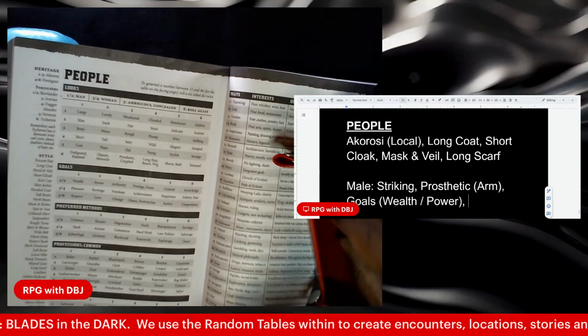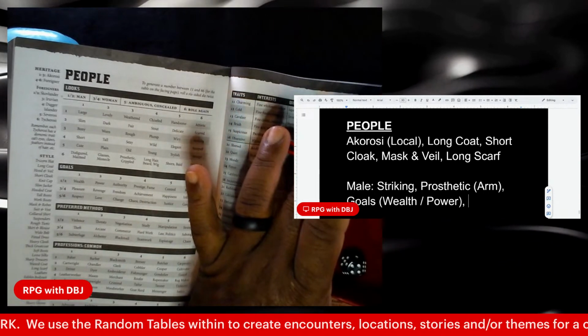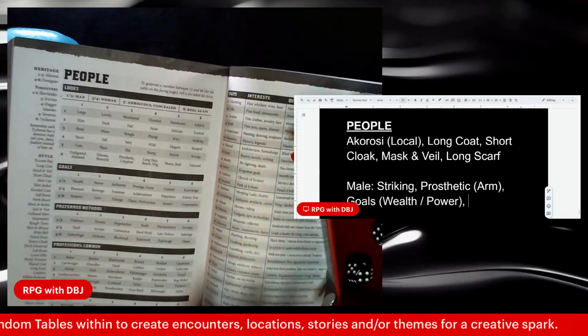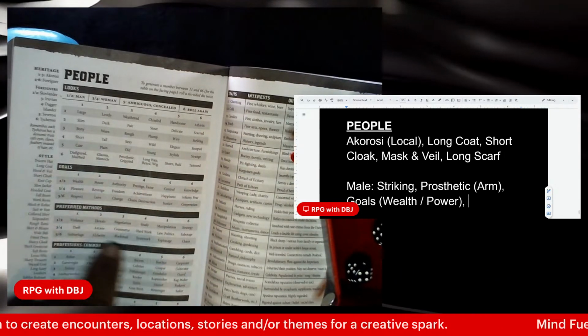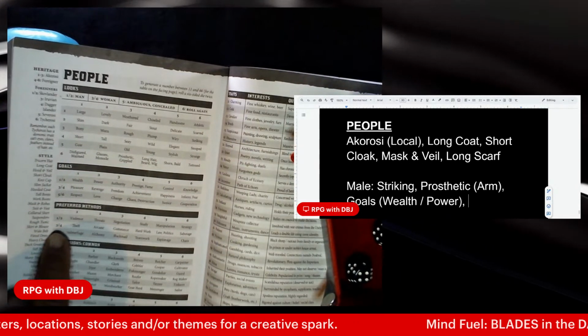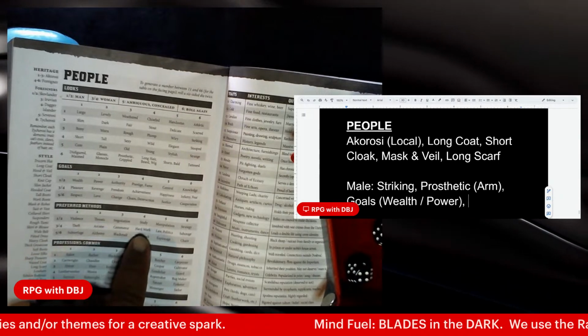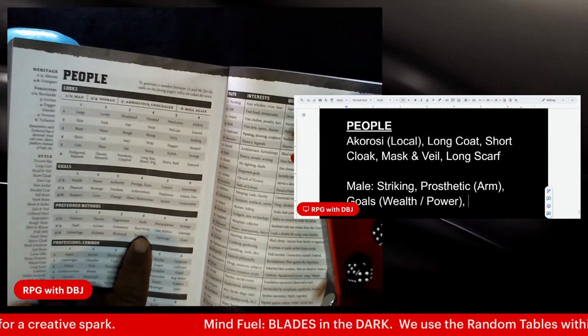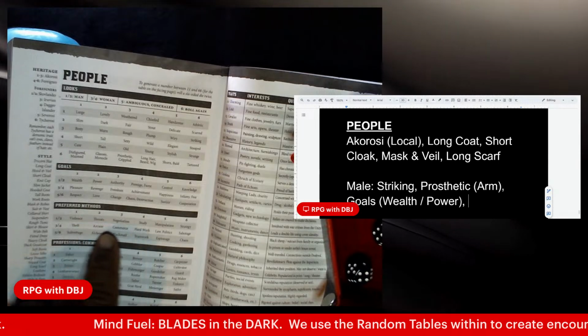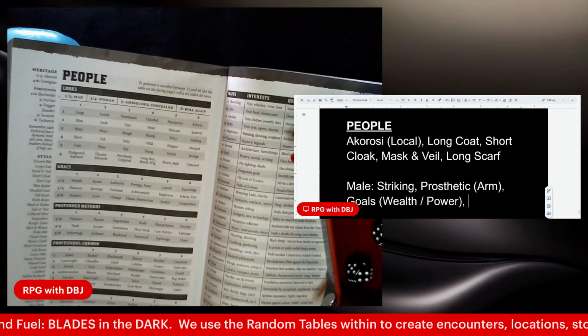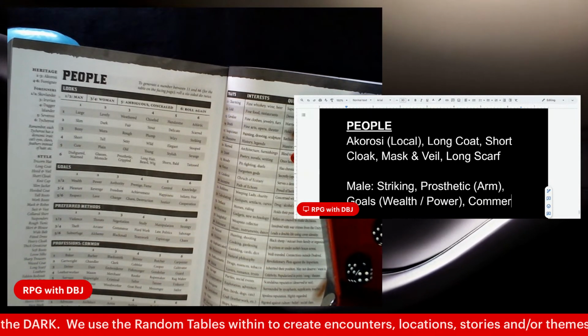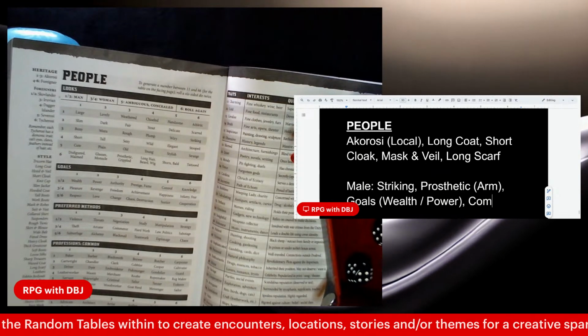Preferred methods. Again, vertical and horizontal list. We've got a 4 and a 3, so we'll check both of these. Preferred method, 3 over to 4 is hard work, or 4 over to 3 is commerce. Commerce, I'm sorry.